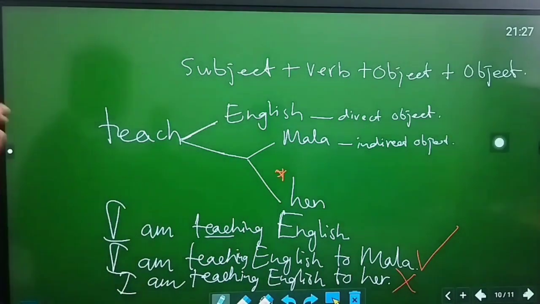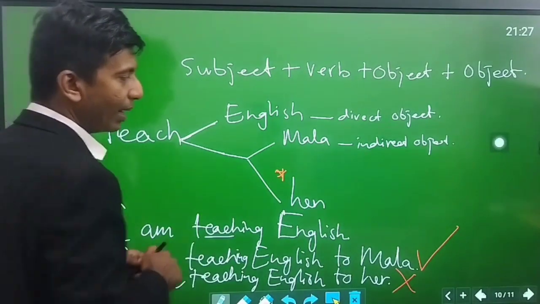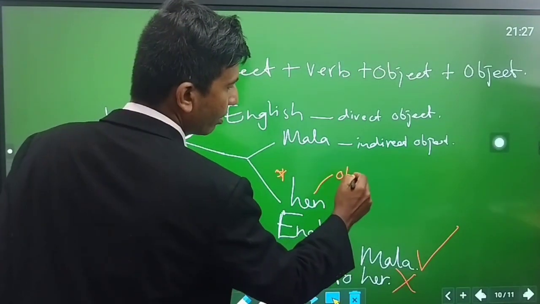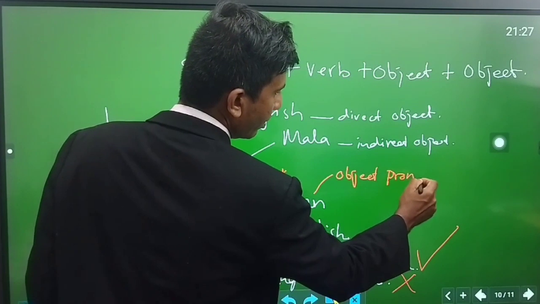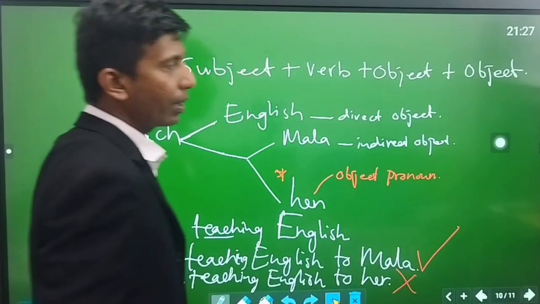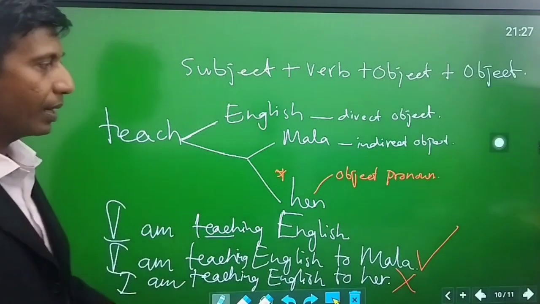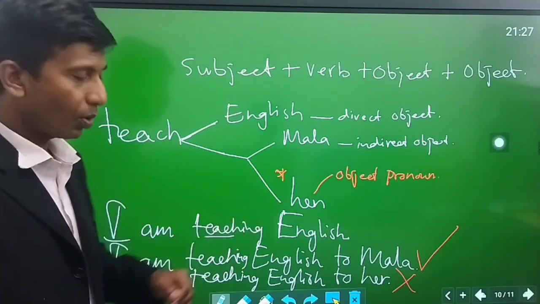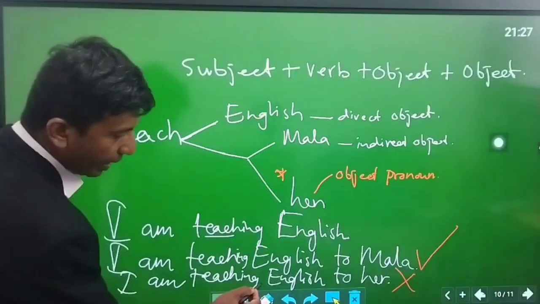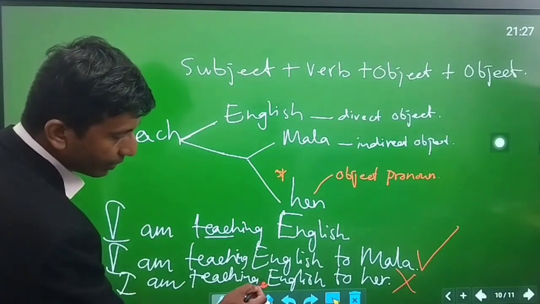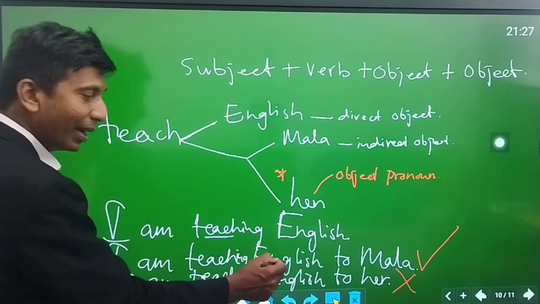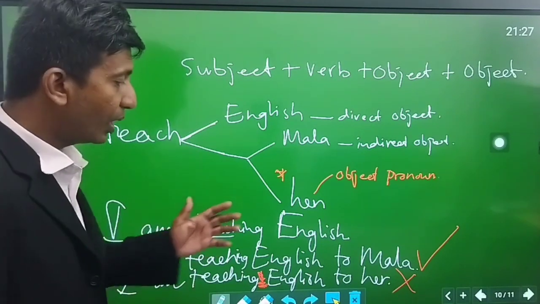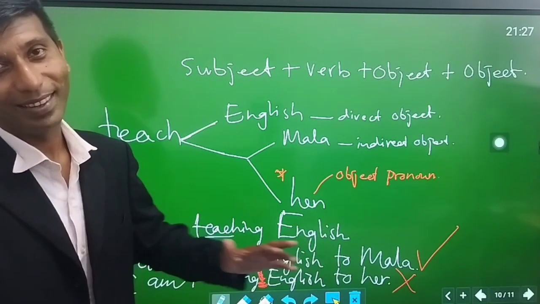Her is an object pronoun. Remember, if the indirect object is an object pronoun, it should be placed here. I am teaching her English, not I am teaching English to her.